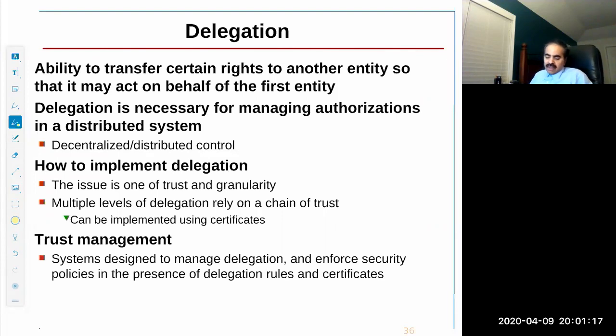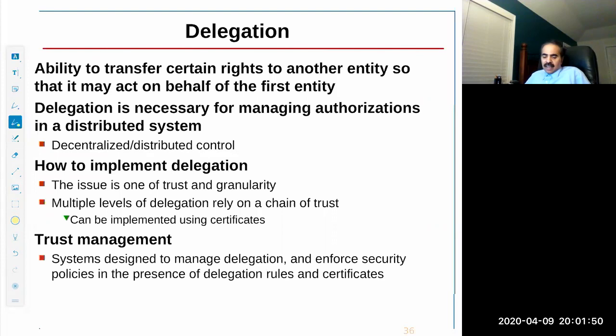Trust management is generally a term given to a system that provides quite a bit of flexibility in doing delegation and checking the delegation, and also has facilities for saying who can delegate what permission to which user and so on.